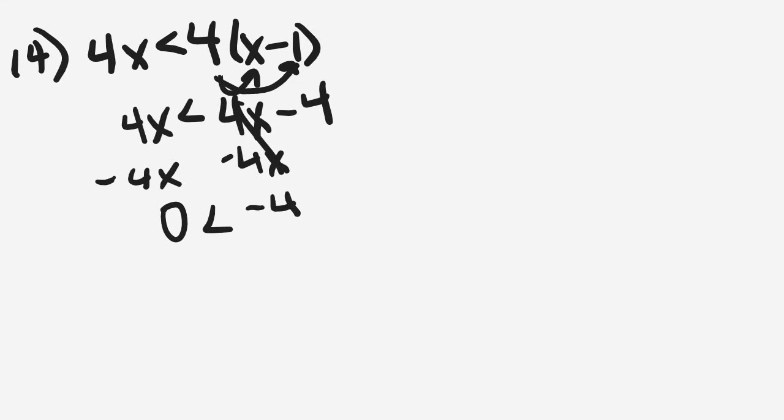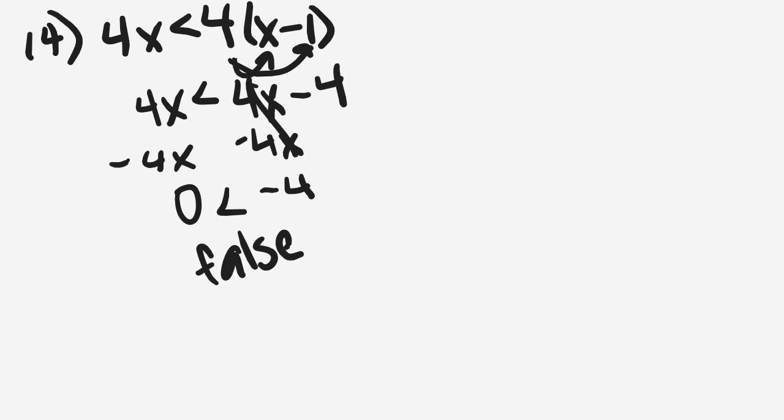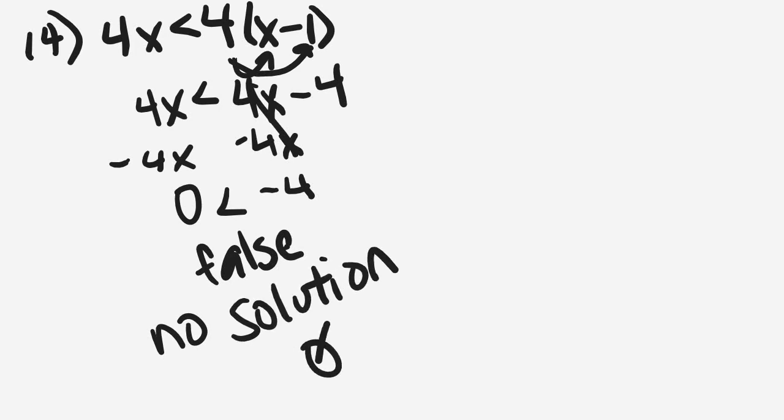And we get that 0 is less than negative 4. 0 is not less than negative 4. So, since this is false, there is nothing in this universe that we can ever do to make 0 less than negative 4. So there's no x we could ever put in here that's going to make this true, right? So therefore, we have no solution. Or if you're especially lazy, you can just write the circle with the dash.